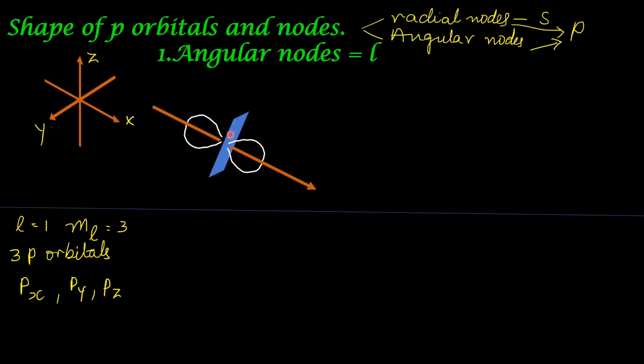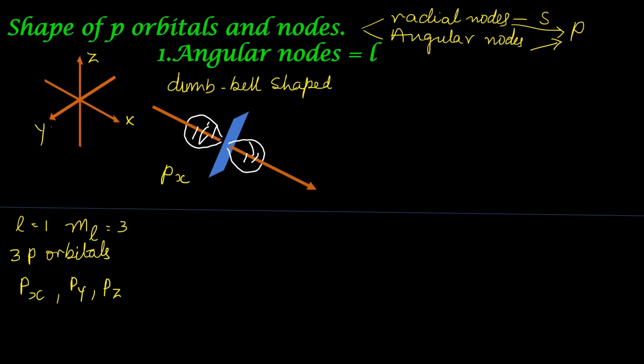As I said earlier, p orbital has angular as well as radial nodes. We will see the radial nodes after we finish this. I have shaded this region in order to impress upon you that it is in 3D. The two lobes of the orbital give a dumbbell shape, or the p orbital is dumbbell shaped.